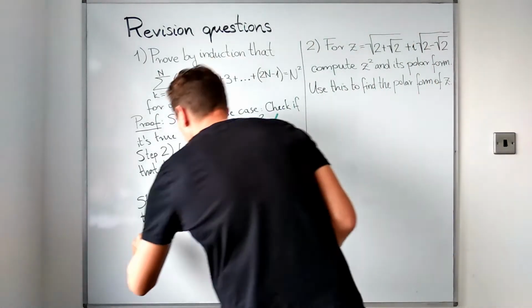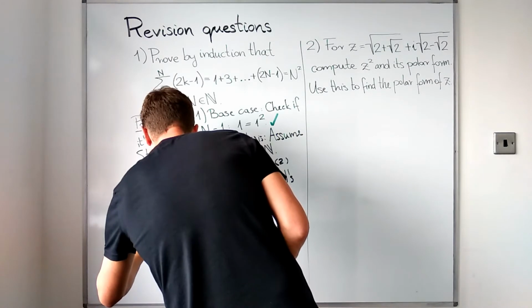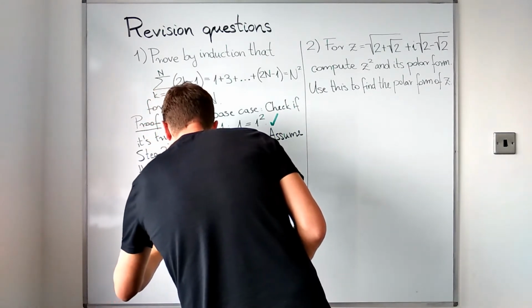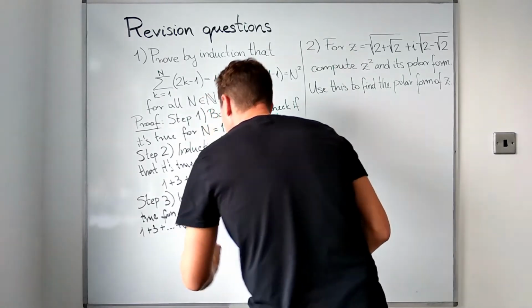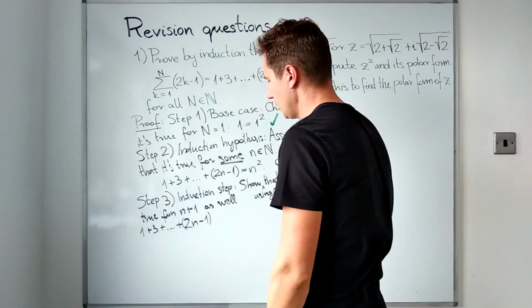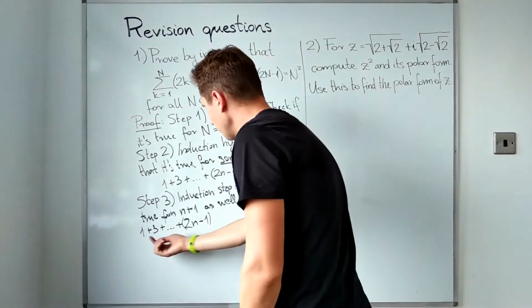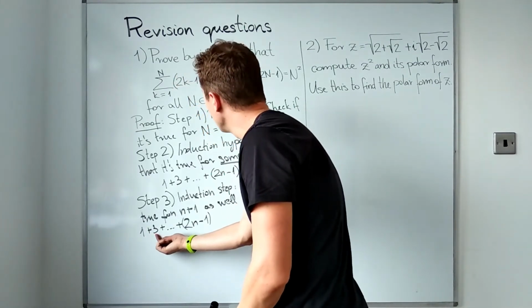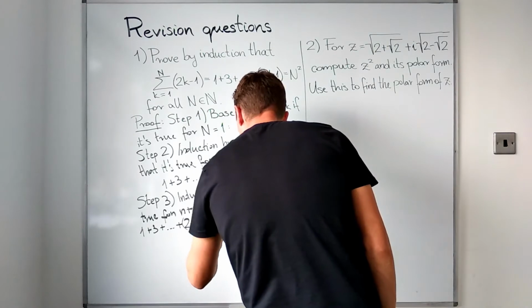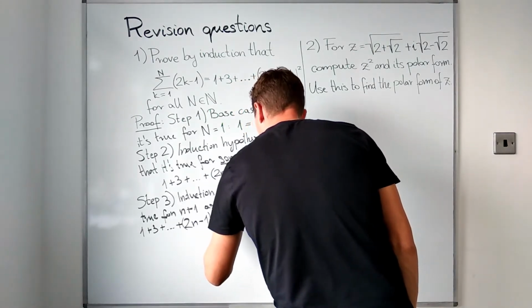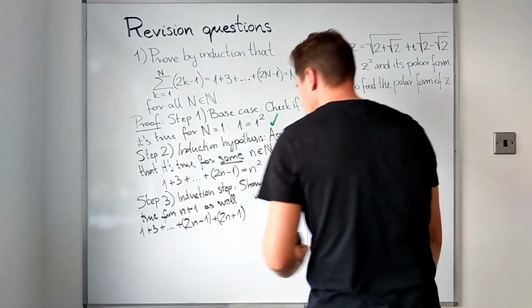Okay, so for that we need the sum of the first n plus 1 odd natural numbers. This is the first n odd natural numbers from k equals 1 to n, but we need the n plus first as well, which is 2n plus 1.